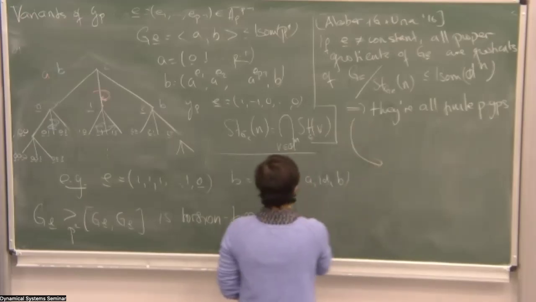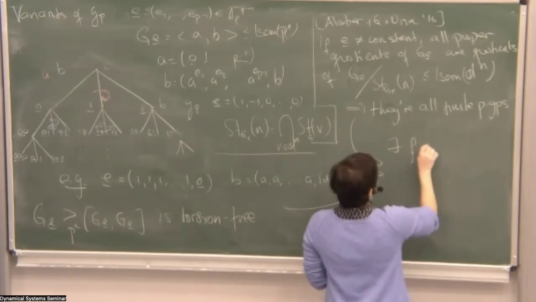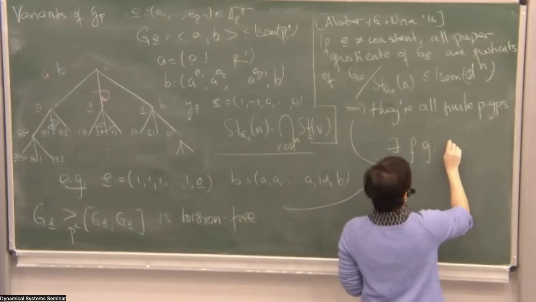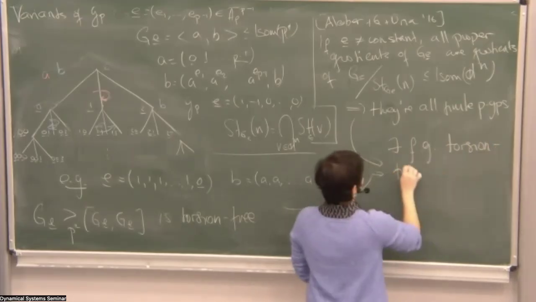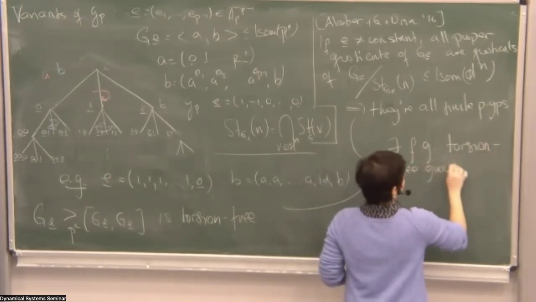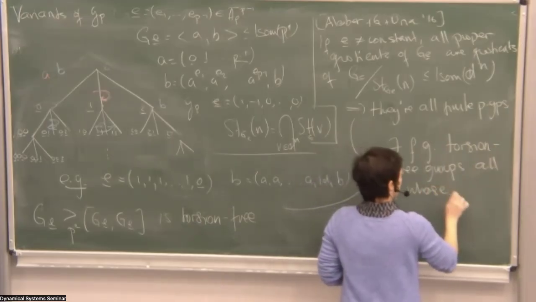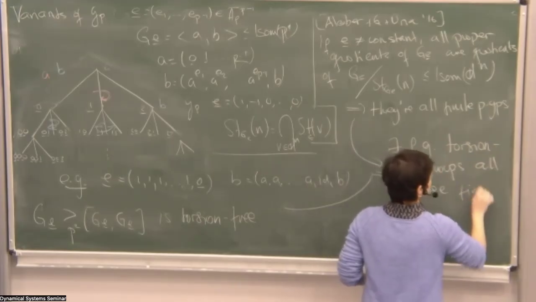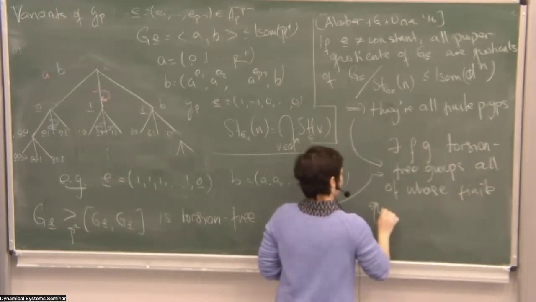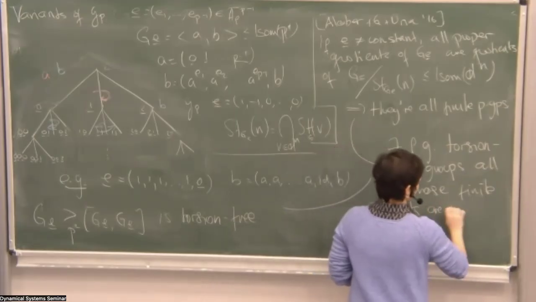So these two things together imply that there exist finitely generated torsion-free groups, all of whose finite quotients are p-groups.